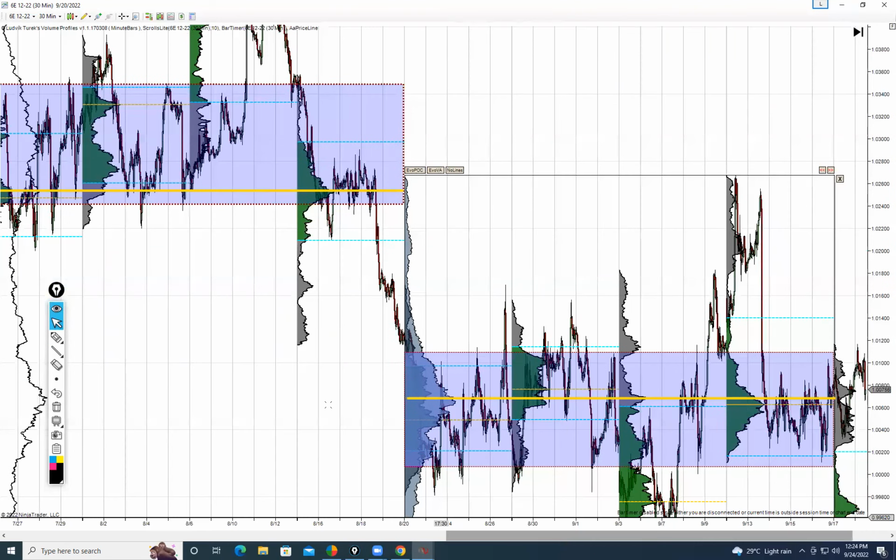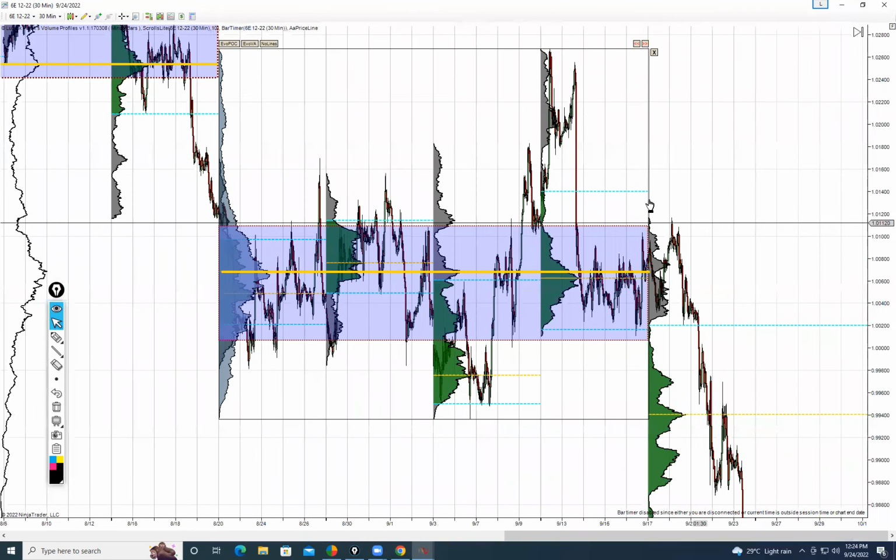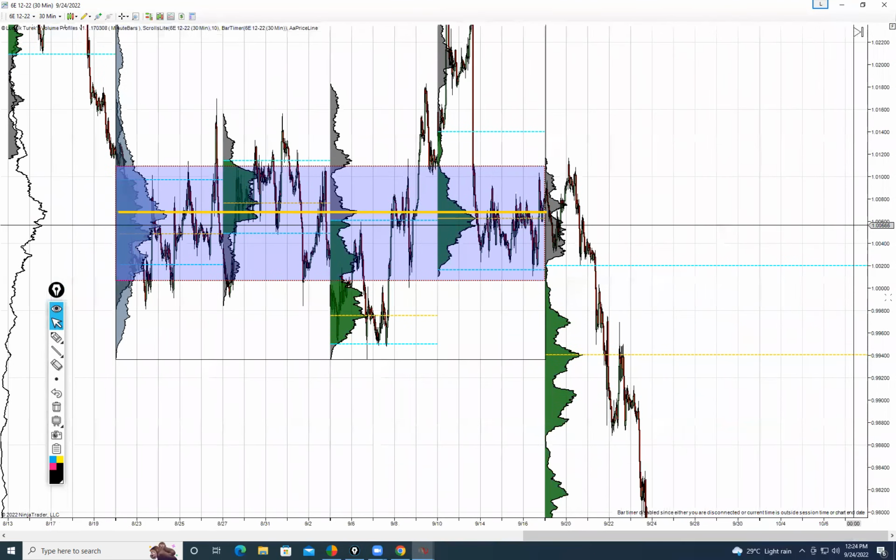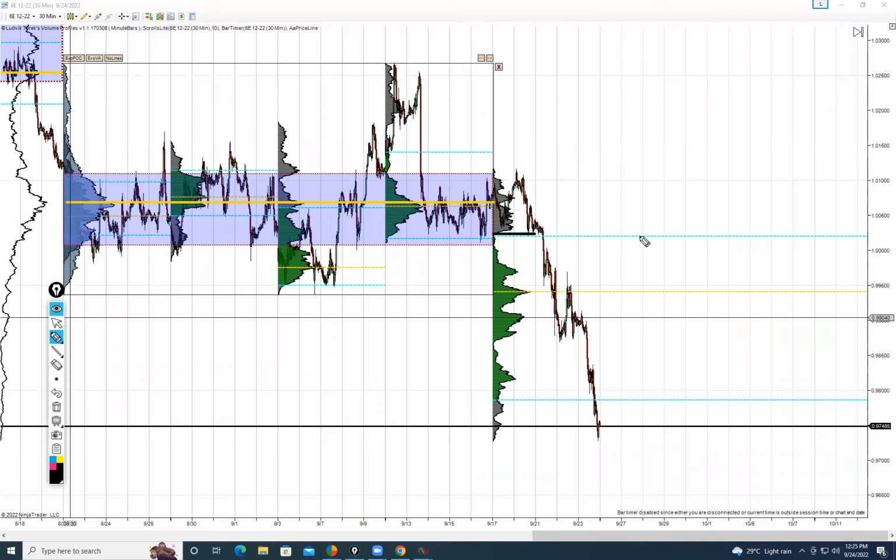So on euro, what we have now is something like this. We can see that this week, starting Monday to Friday, we are creating a value area right there. And again, this value area is some sort of an overlap to this previous value area.